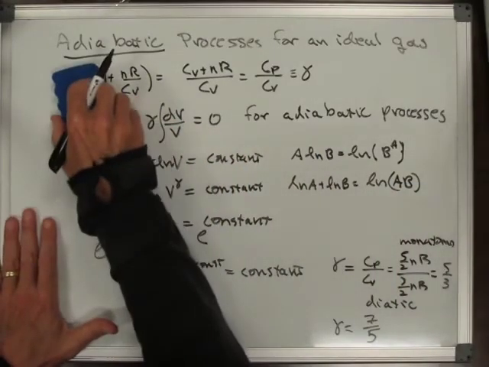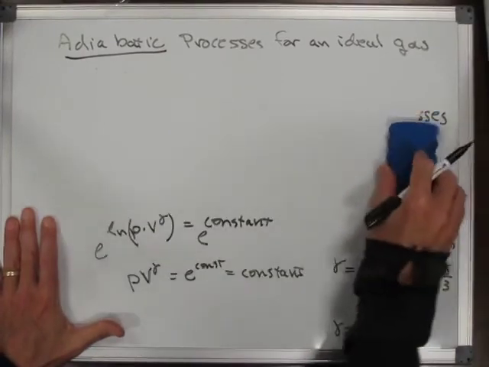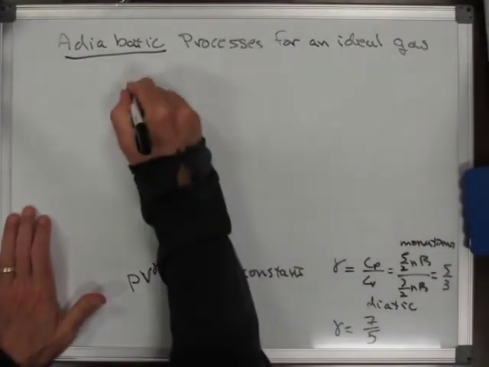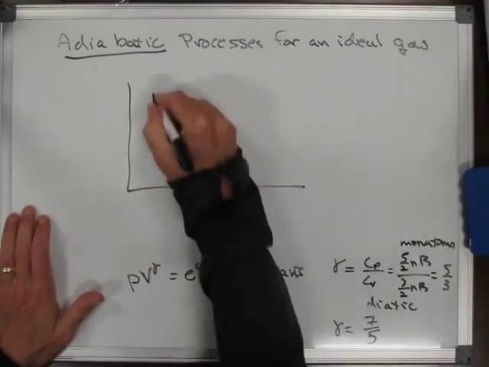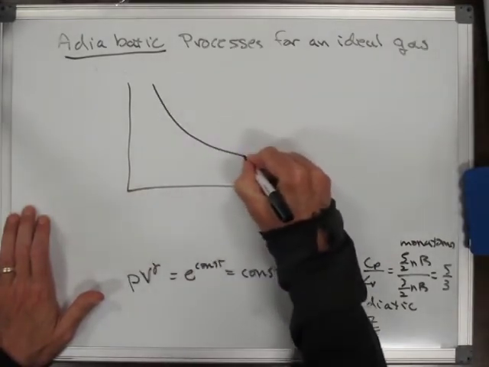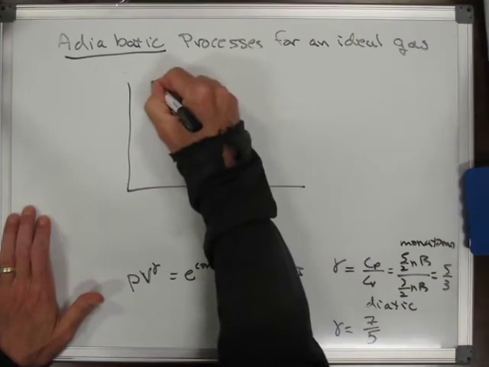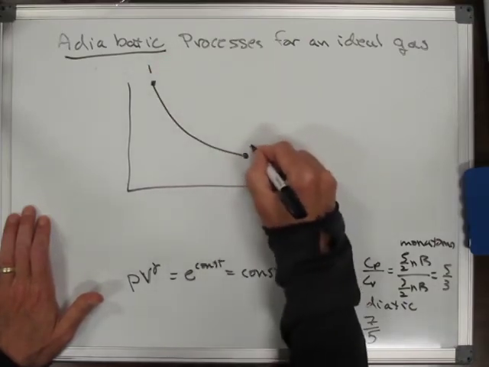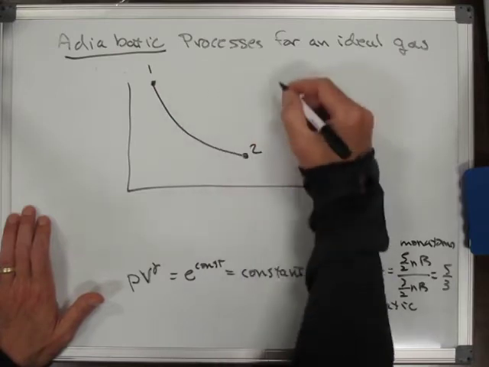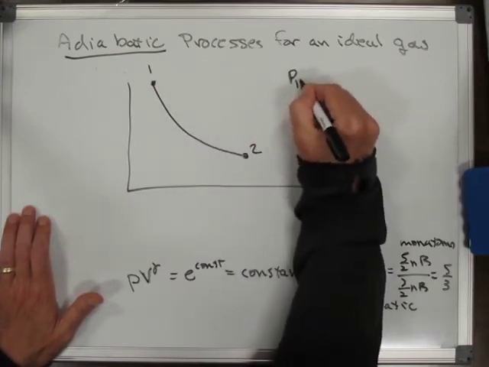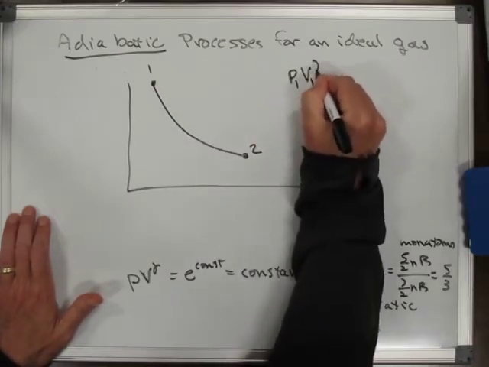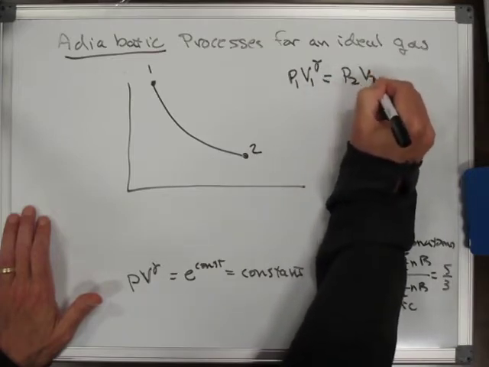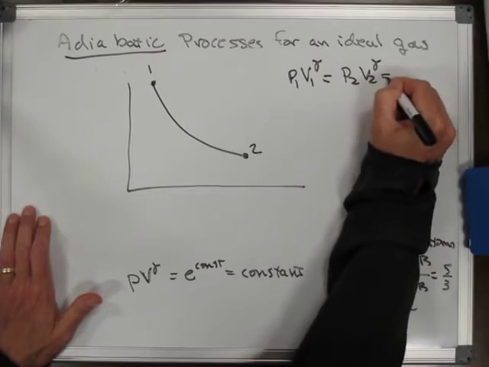And so let me just draw a picture here and say, look, suppose we had some process here, and it was adiabatic. And so I went from this position 1 to this position 2. Then if this is an adiabatic process, P1 V1 to the gamma is equal to P2 V2 to the gamma.